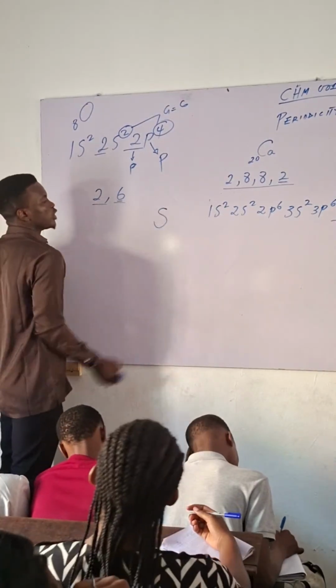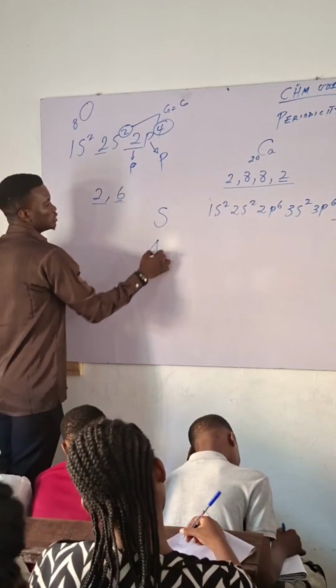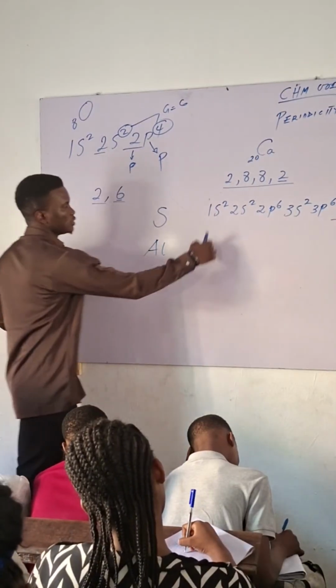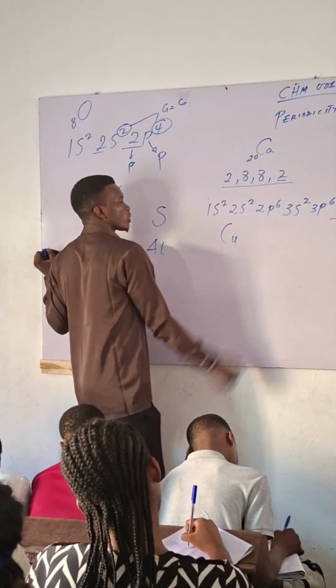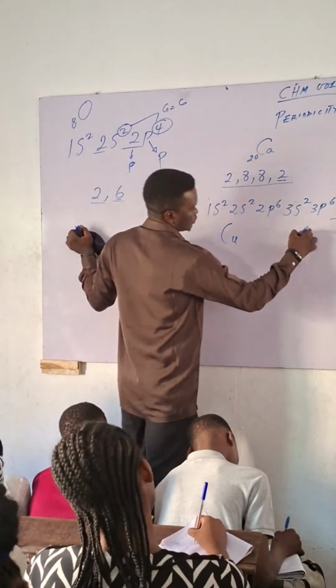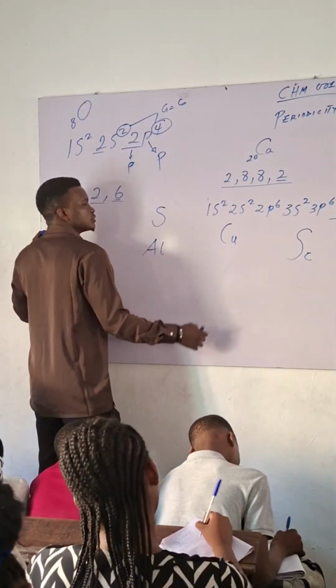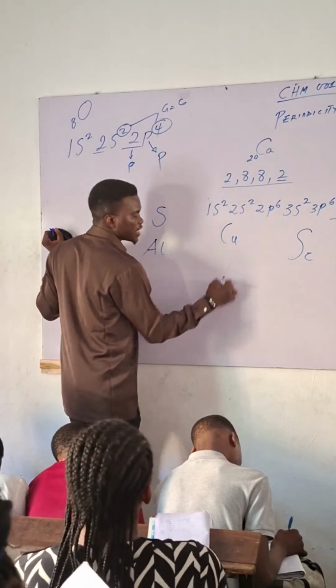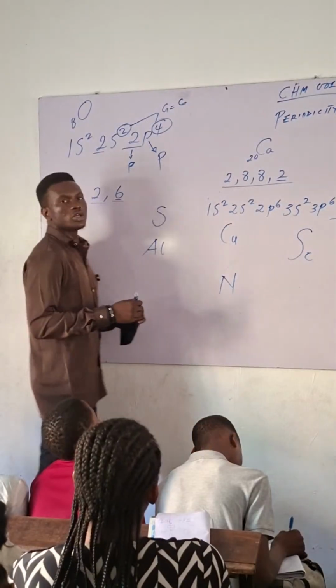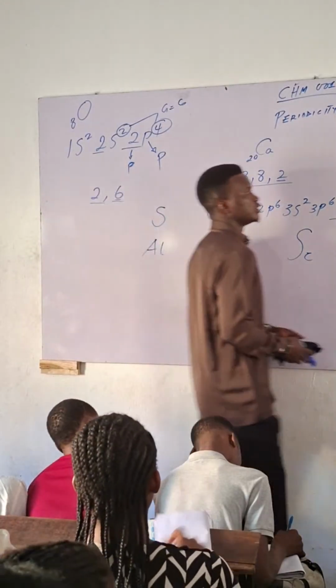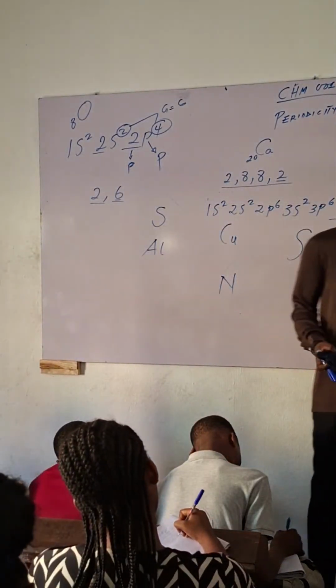So on your own, do for sulfur, do for aluminium, do for copper, do for scandium, do for nitrogen on your own. So can we move on?